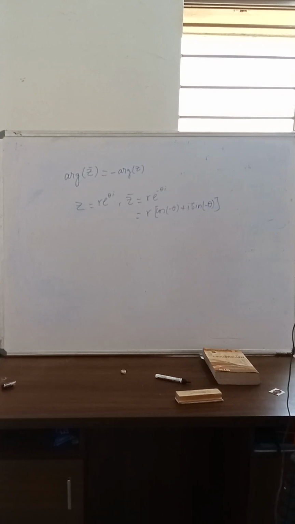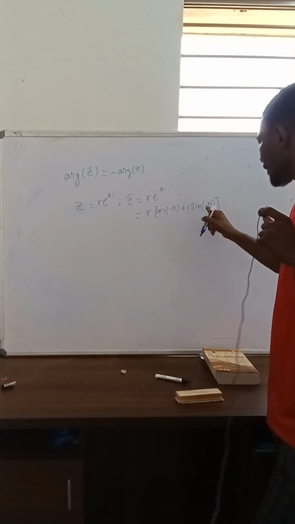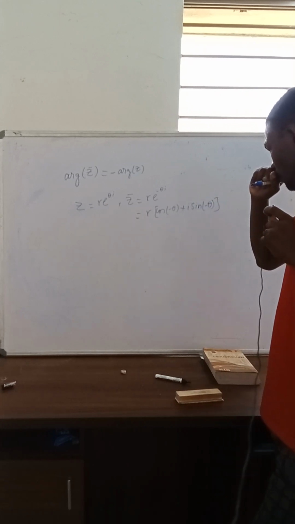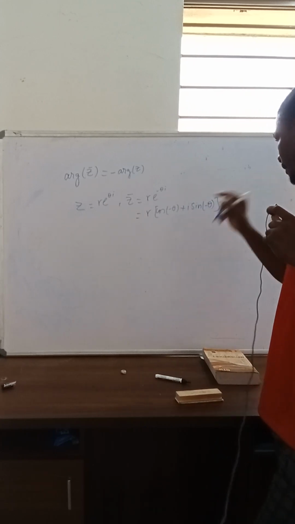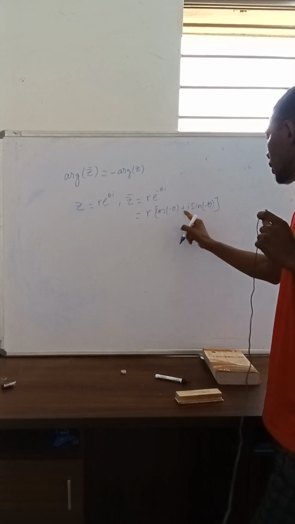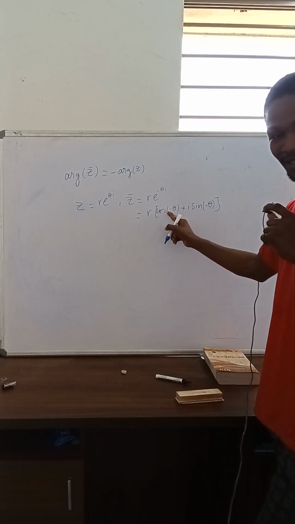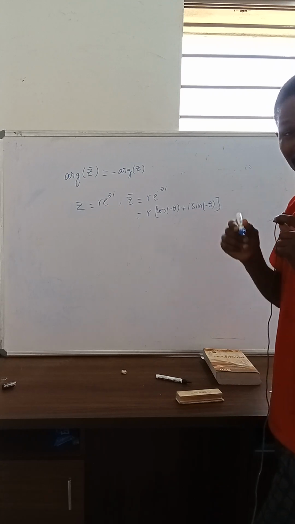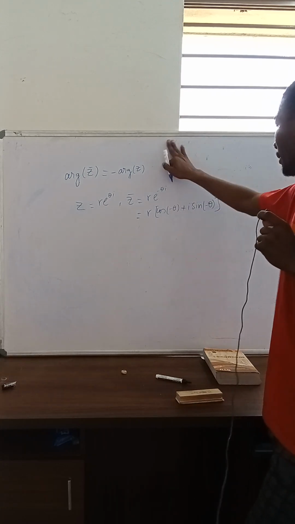Now, how will it work? Here I have a minus, right? So when I get cosine of minus theta, we know that cosine is an even function. What do we mean by even function?